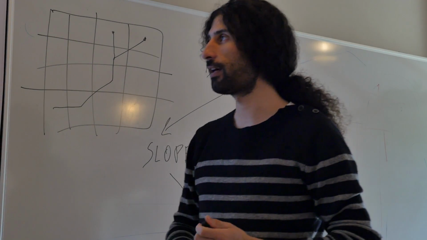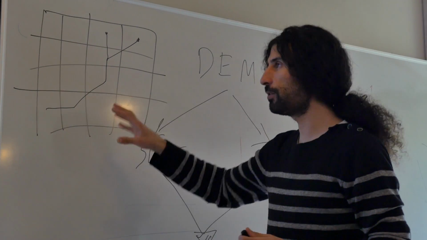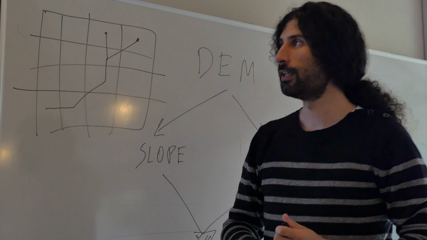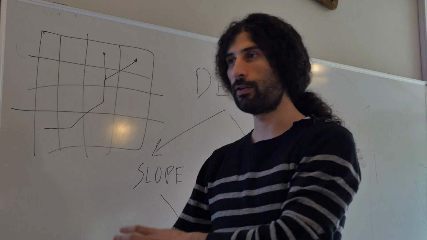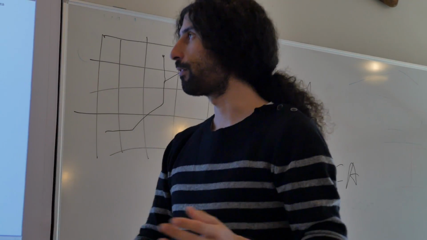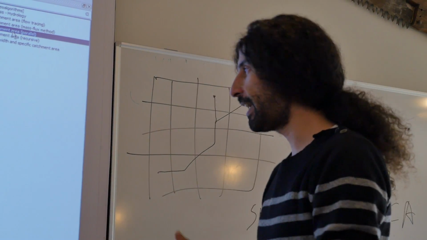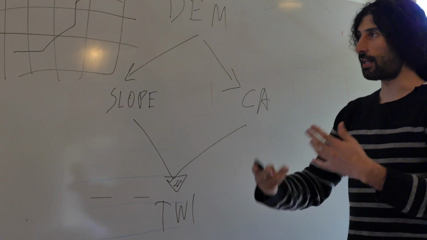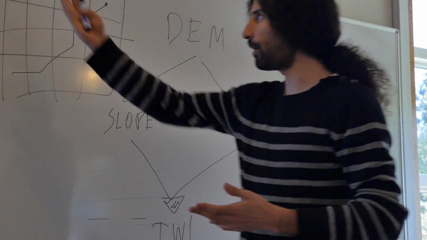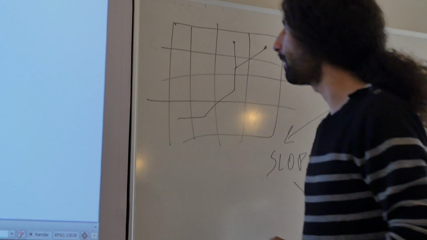We will see later in our hydrological analysis how we're going to use the catchment area or flow accumulation as the criteria for defining rivers, separating those areas that are not rivers from those areas that are rivers, right? In this case, we're going to use it for a different thing. We're going to use it for the topographic index that I will explain later. But anyway, we have to calculate it, and we're going to use it for many other things.